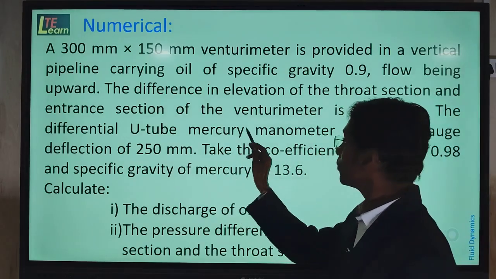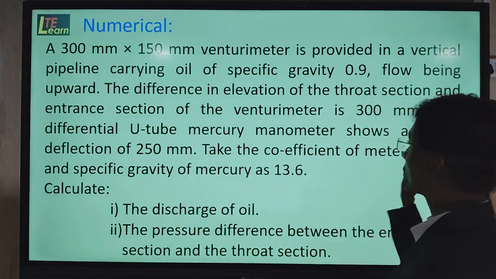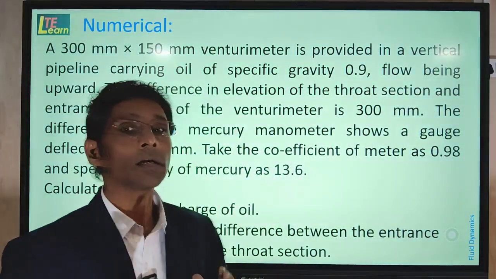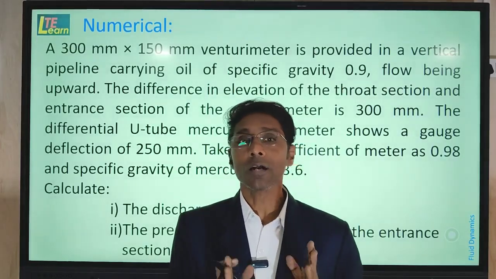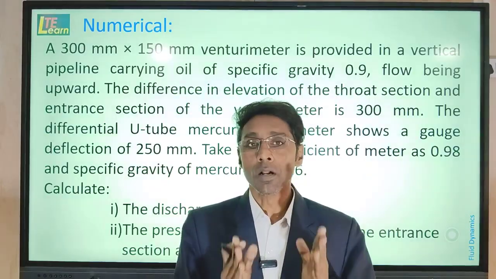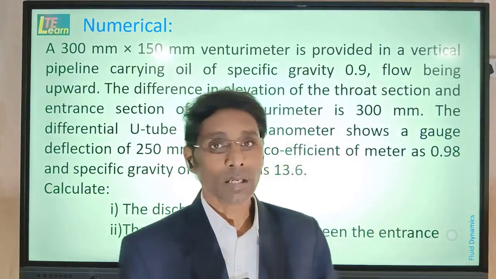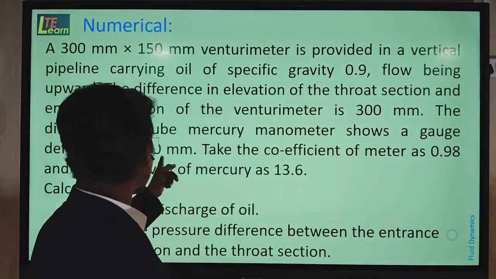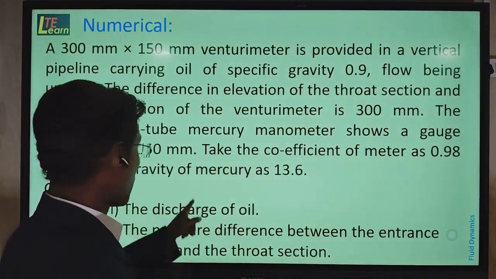The differential U-tube mercury manometer shows a gauge deflection of 250 mm. In the Venturimeter, we know that a U-tube manometer is used to measure the pressure difference. Here the deflection, that is Y, is given in terms of mercury, and it is about 250 mm.